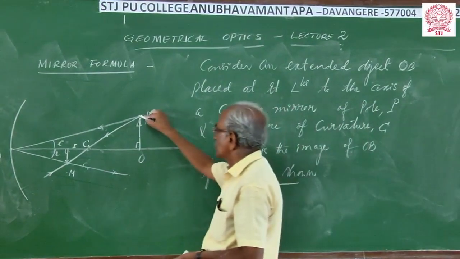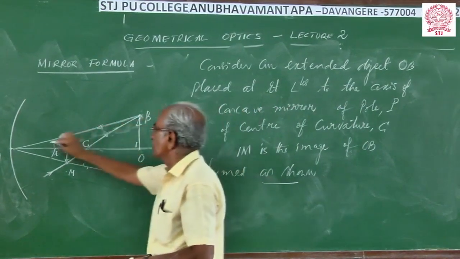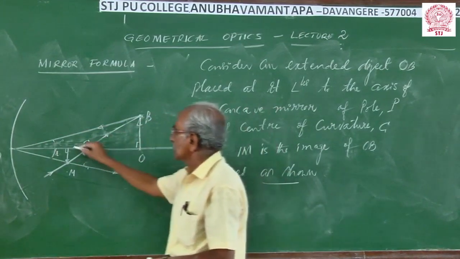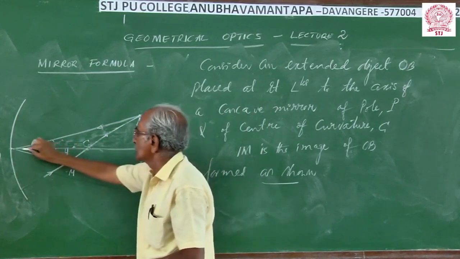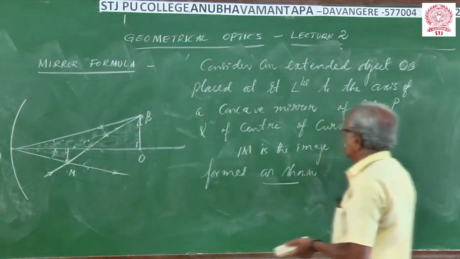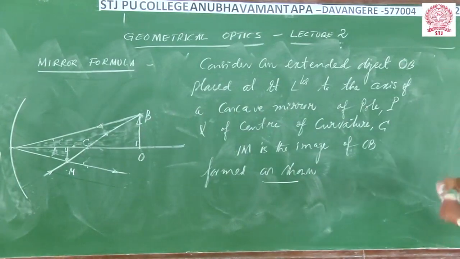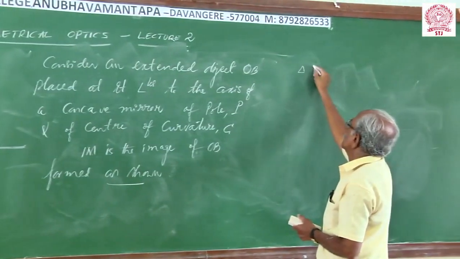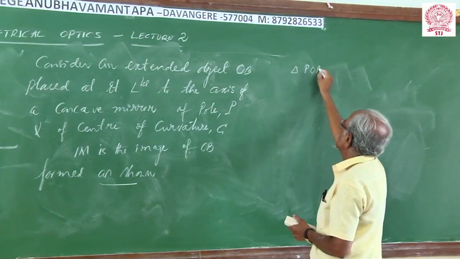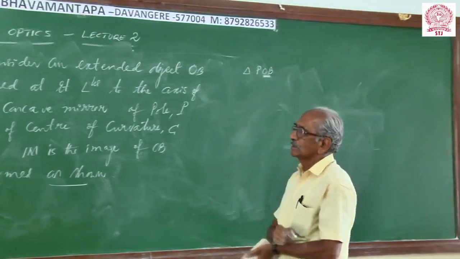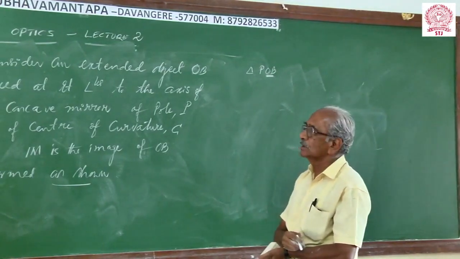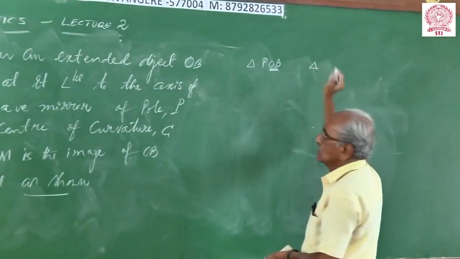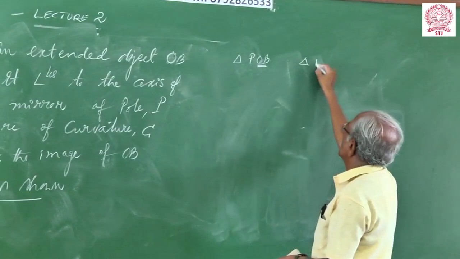Triangle formed by the object at the pole and triangle formed by the image also at the pole. See, triangle POB, the object forms a triangle with P over there, and triangle PIM.